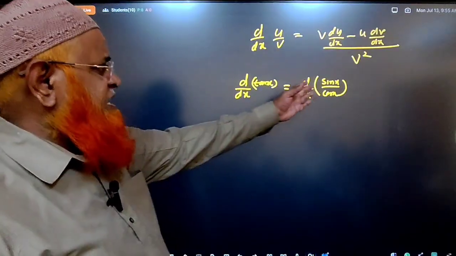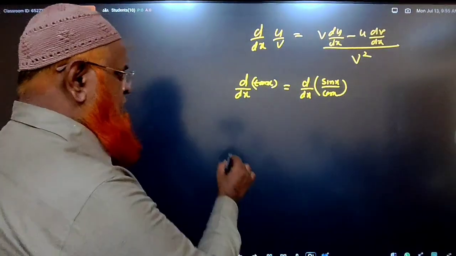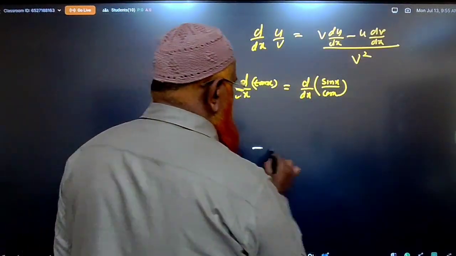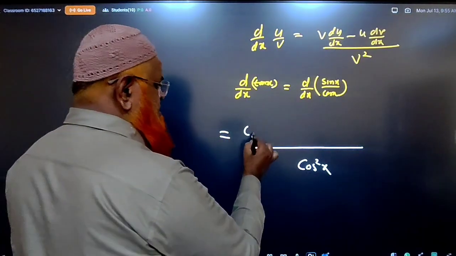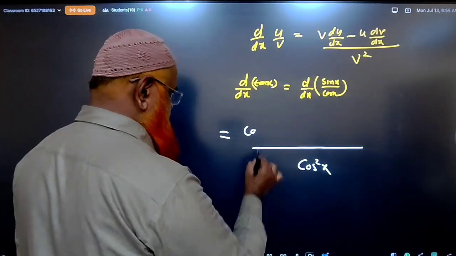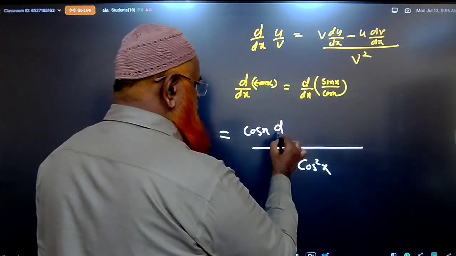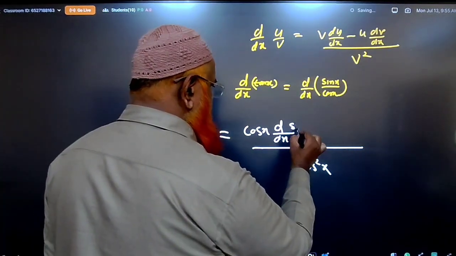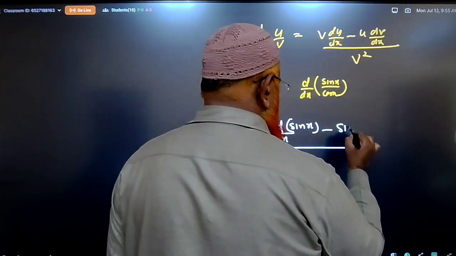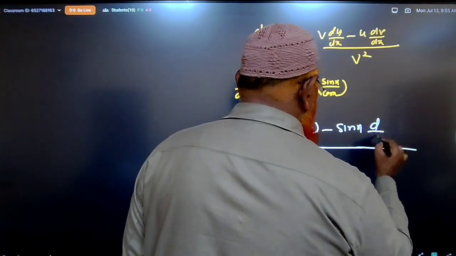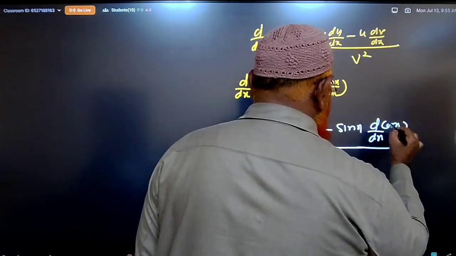Now, this is just like the u by v method. So what will you write now? Cos x, cos square x, next cos x, u d by dx of sin x minus sin x d by dx of cos x.